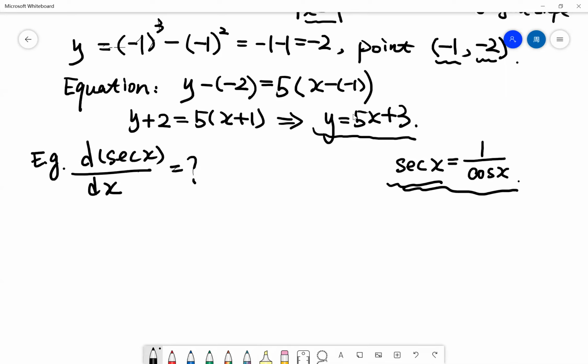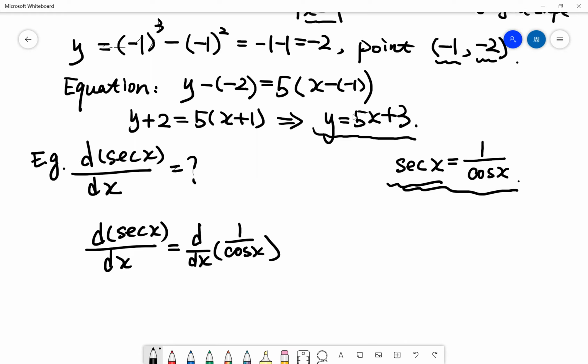So here d secant x by dx equals d of 1 by cosine x by dx. So here we can use the quotient rule, that is cosine x squared.